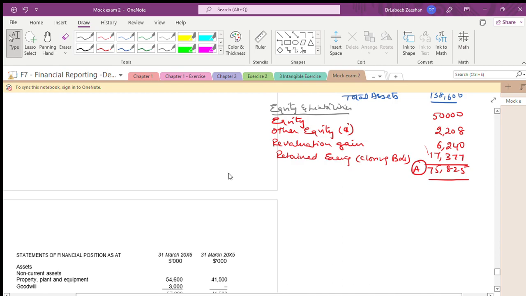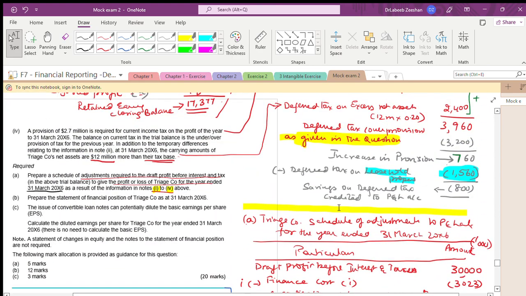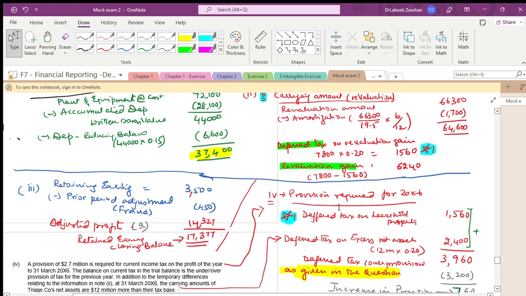Next, you have non-current liabilities. You have a deferred tax. How much is the deferred tax?